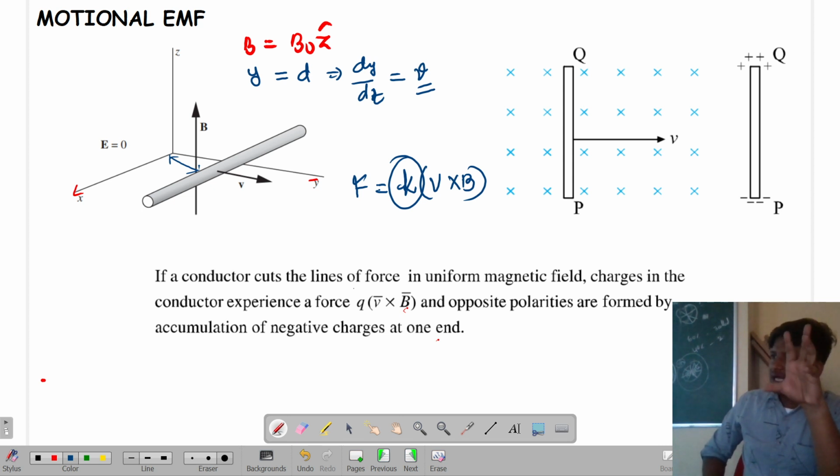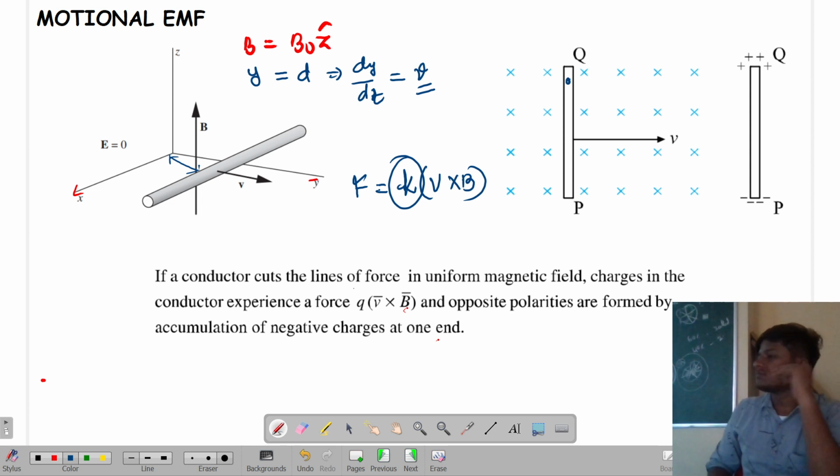Now, this particular force will be experienced by which quantities? The charges over here, look over here. First of all, the magnetic field is there, movement is there, and force is getting generated or not. So should I use the right hand thumb rule or the left hand thumb rule?